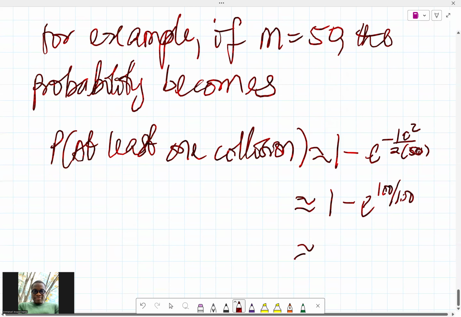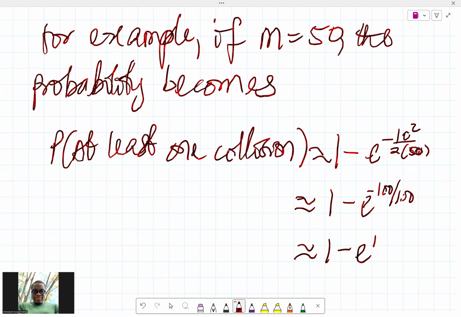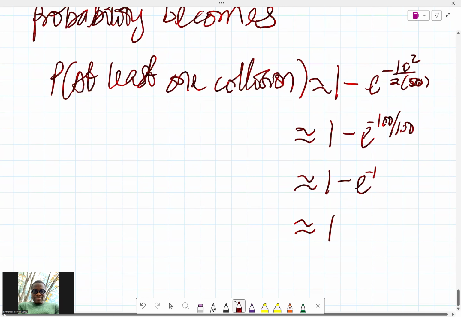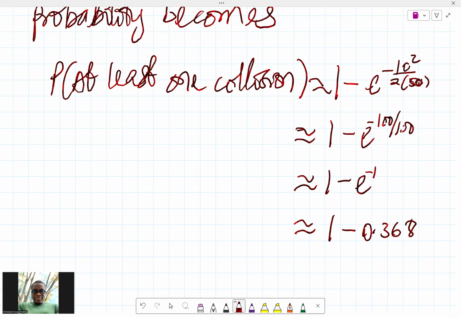So that is approximately 1 minus e raised to the power minus 1. Sorry, minus 1, right? So that is approximately 1 minus 0.368. And that reduces the probability significantly. So we have 0.632.